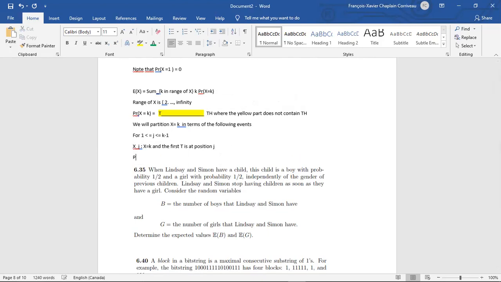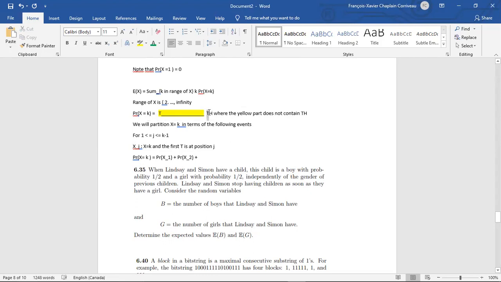So the idea is that the probability that X is equal to k, why are we doing this? Well, this is equal to the probability of X1 plus the probability of X2 and so on, up to k minus 1. If this happened, then for sure I had to have a tail at some point. So I'm looking at every possible position for my first tail.